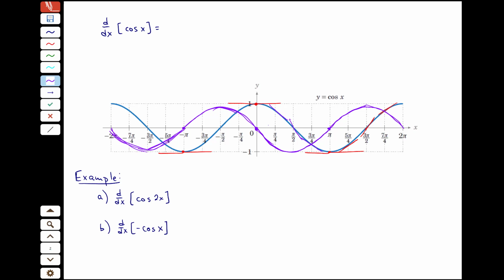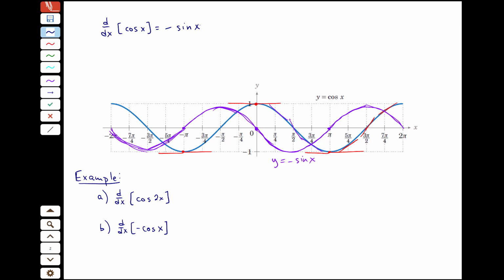So what we have here in purple is the graph of y equals negative sine x. It's the graph of sine x flipped over the x-axis. And again, I'm sure you can find rigorous proofs of this fact, but I think it's nice to see this intuitively, thinking of the derivative as the associated slope function.